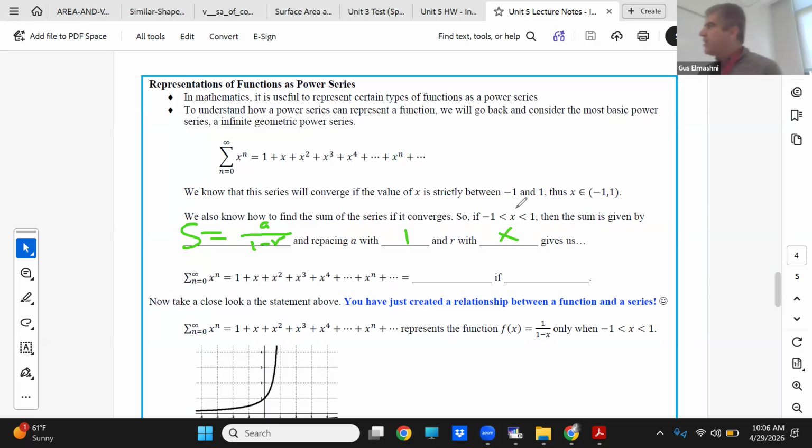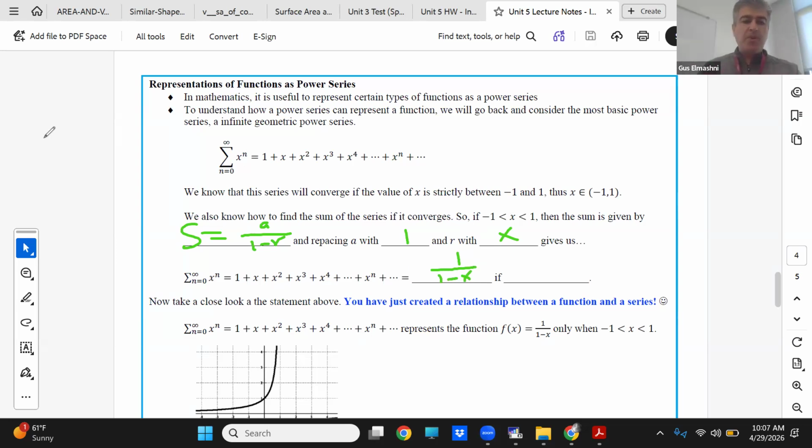So if you think about it, can I express the sum as some sort of function? What's my A value? 1. What's my r? So if I replace A with 1 and r with x, what do I get? And what kind of function is that? It's a rational function. So a rational function can be used to express a power series.